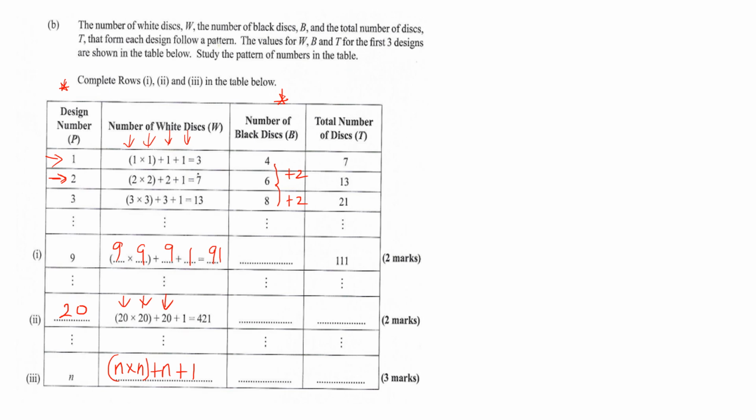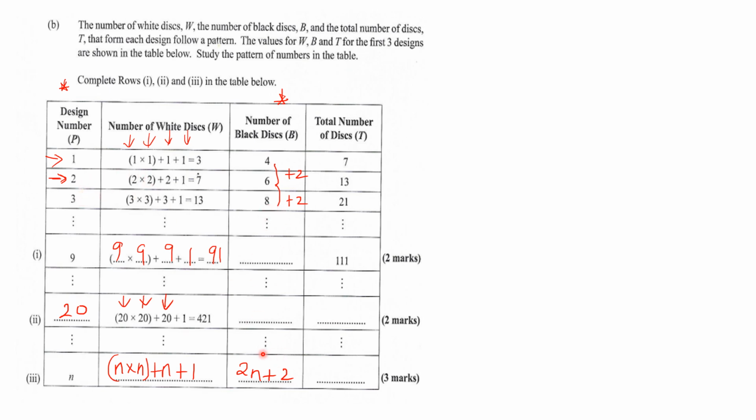We're adding 2, so let's try 2n plus 2. 2 times 1 is 2, plus 2 is 4. 2 times 2 is 4, 4 plus 2 is 6. 2 times 3 is 6, 6 plus 2 is 8.